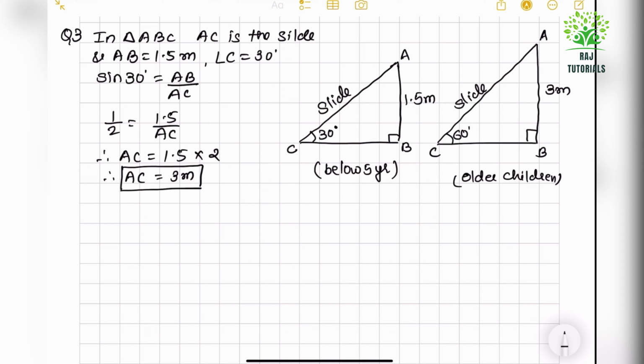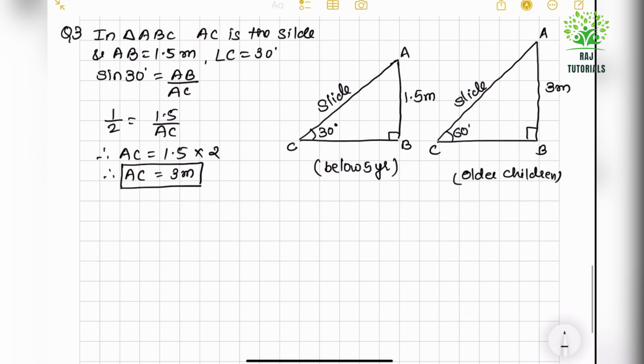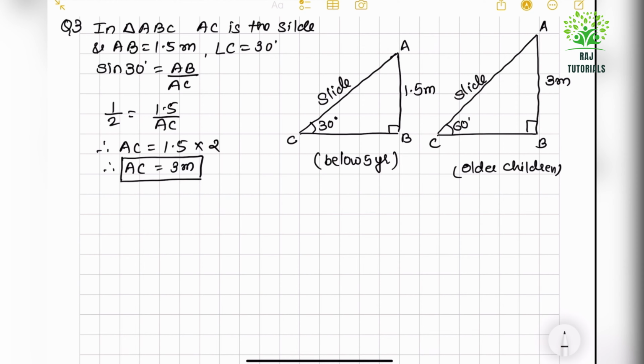Now in the second case, for the elder student, he is putting a slide of 3 meter height. So angle C equal to 60 degree in the second figure, and AB equal to 3 meter. So the slide AC I have to find. So here also I can use sine. So sine 60 will be equal to AB upon AC.